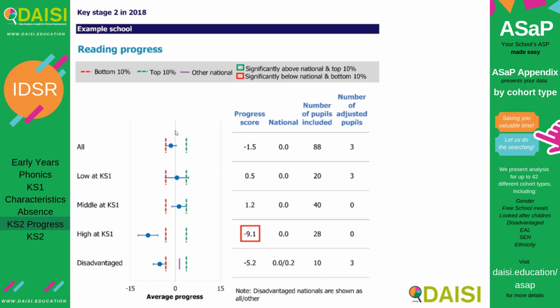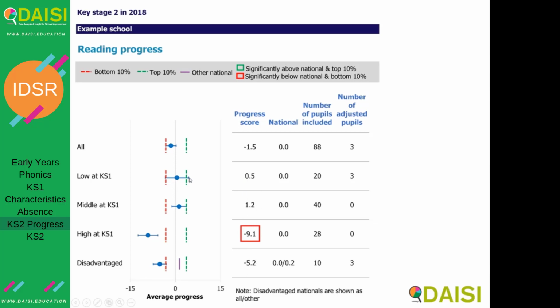So that largely explains this. However, let's have a look at all of the shapes. What do they mean? Well, we have a dot and then lines going across. The dot is you. The dot is your progress score. The lines going across, they are the confidence interval.